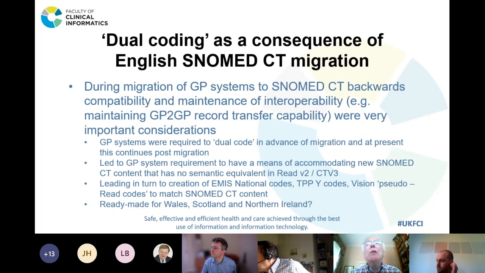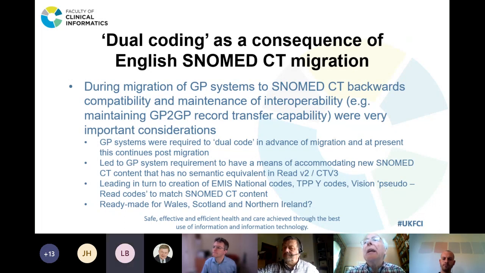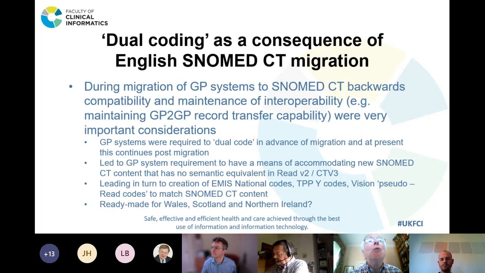So they are all in existence and all sitting there in those systems. That's actually a very lucky consequence perhaps for our colleagues in the other nations, because it means that they have ready-made a list of all of the system-wide national codes that they need in order to be able to adopt the same descriptions.